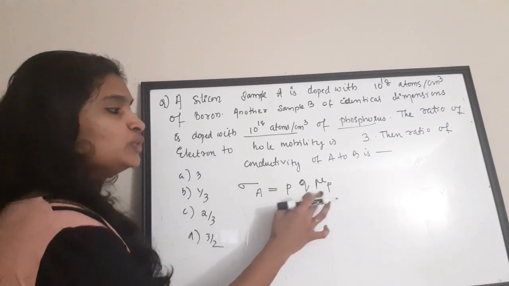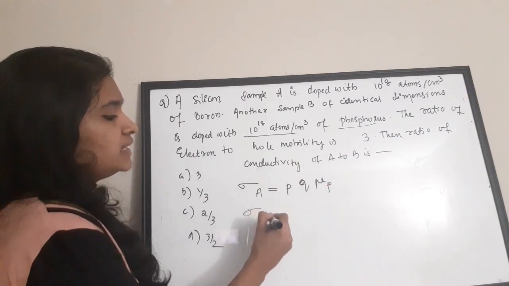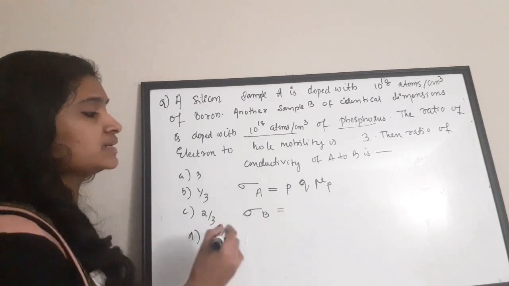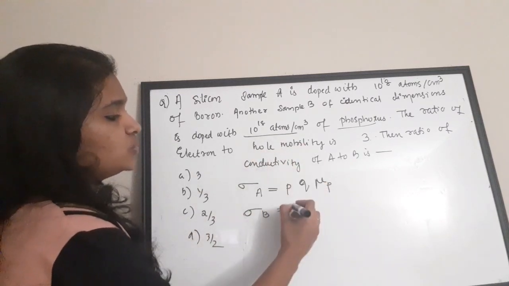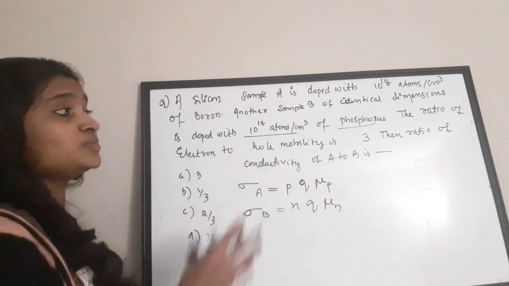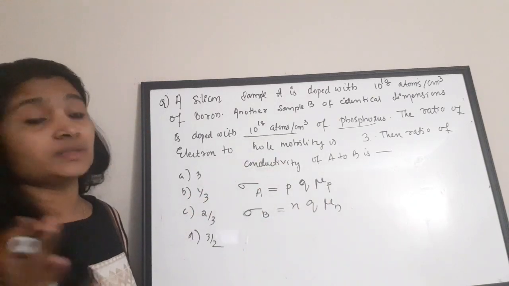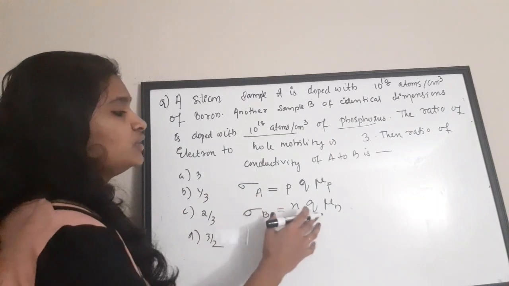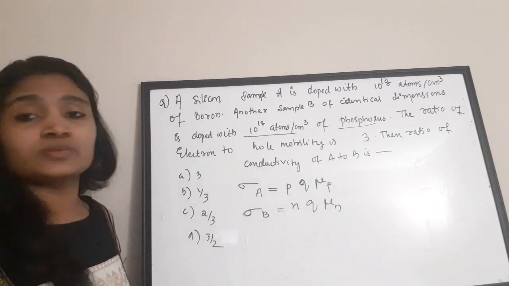So p into q into mu p. Next, for B, the second sample, the conductivity is given by n into q into mu n, because it is doped with a donor impurity, a donor atom. So n into q into mu n. A lot of free electrons will be created.